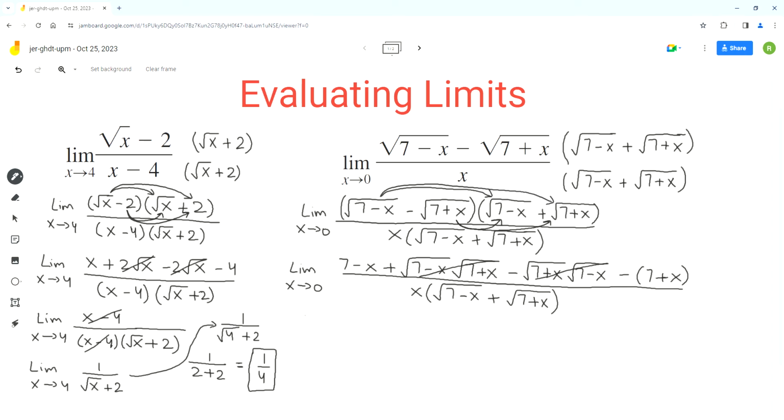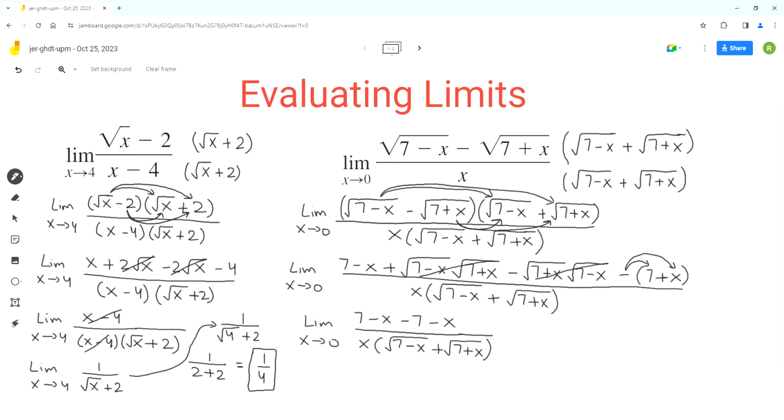So now we can write what's left over. So limit x approaches 0, then 7 minus x. And now we can distribute the negative sign into the parentheses. So we change the sign of both terms in the parentheses. So they become negative 7 minus x over x, and then parentheses square root of 7 minus x plus square root of 7 plus x.